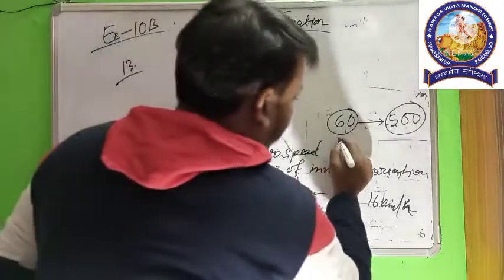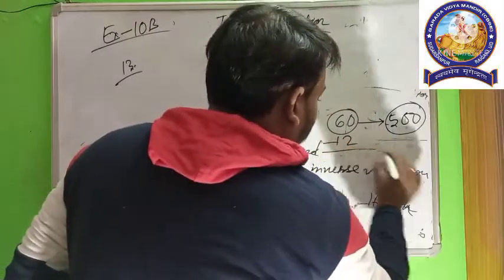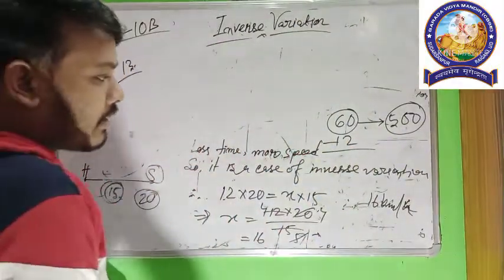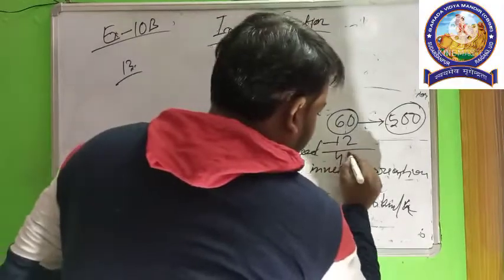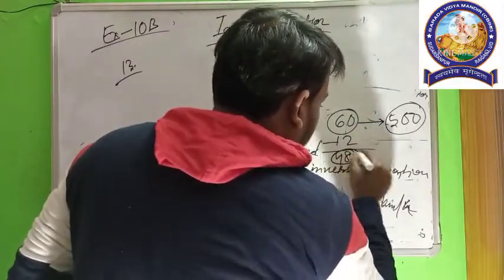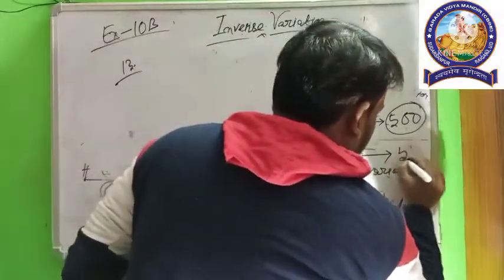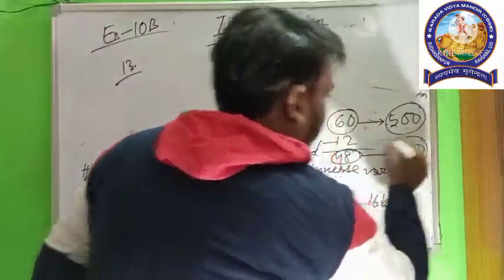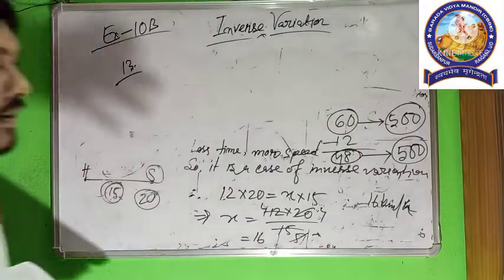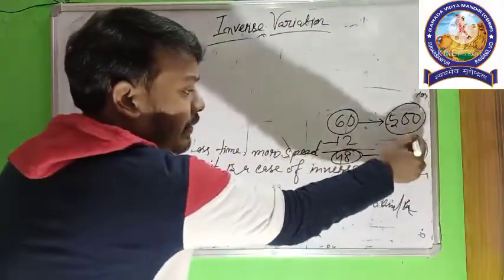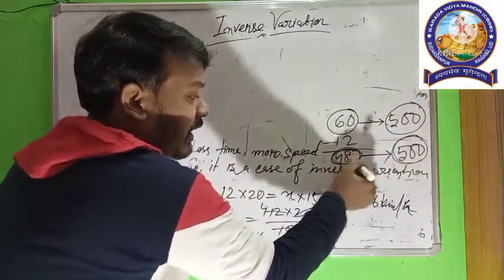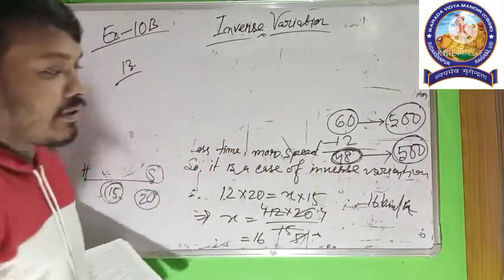So after 12 days, that means 12 days are already gone. So 48 days are left, ration left for 48 days for 500 students.